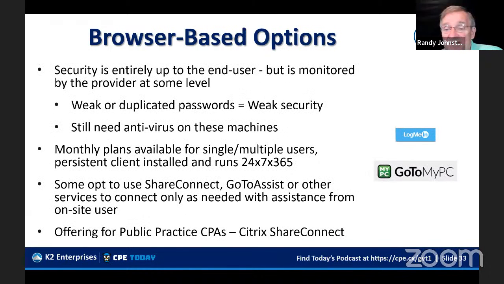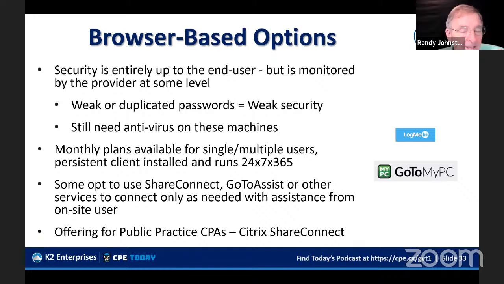Now, with the browser-based option, security is entirely up to the end user, but it's monitored by the provider at some level. So weak or duplicated passwords are very common because people tend to reuse passwords, which is not wise, but they're simple.